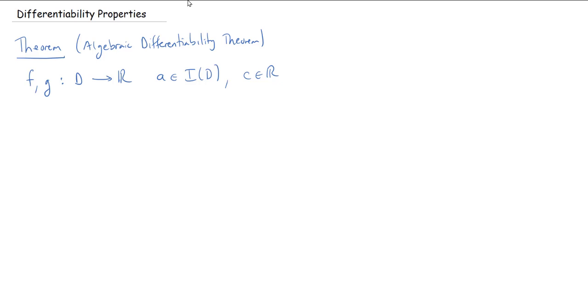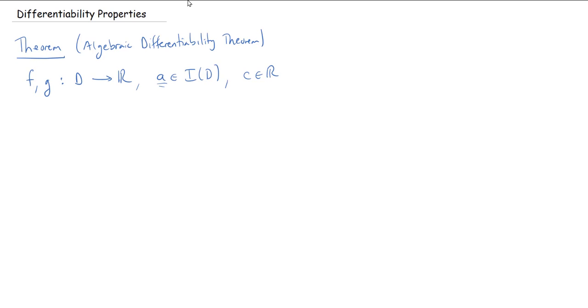But now, if we're going to talk about differentiability of things like f plus g or f times g, etc., we need to make some assumptions about f and g themselves. Namely, they should be differentiable at some point. In this case, we're talking about the point a.